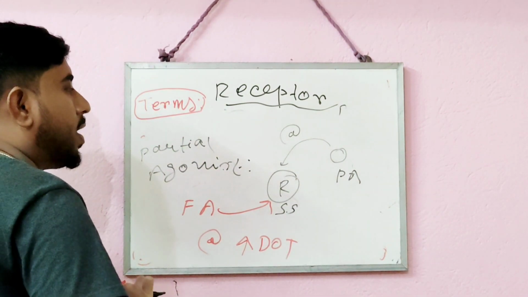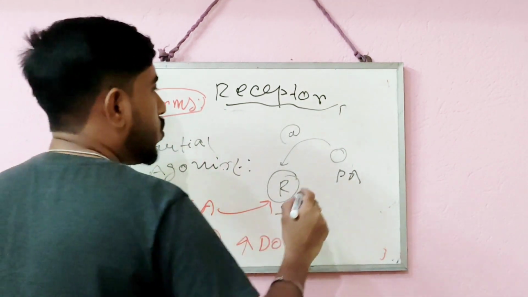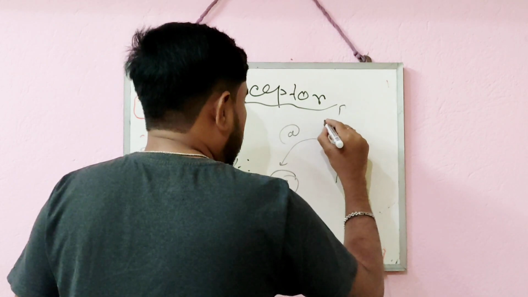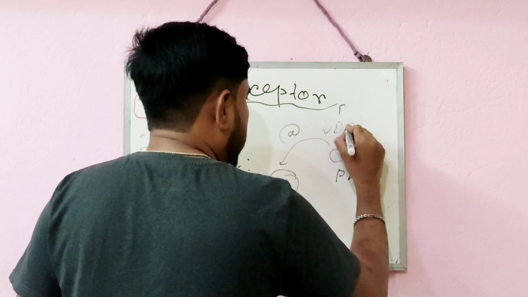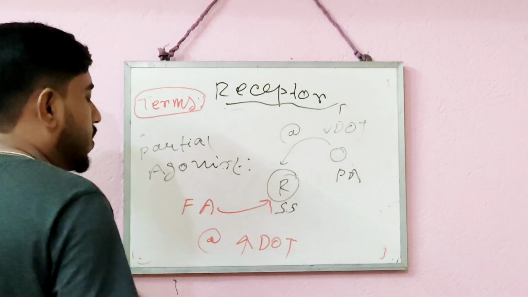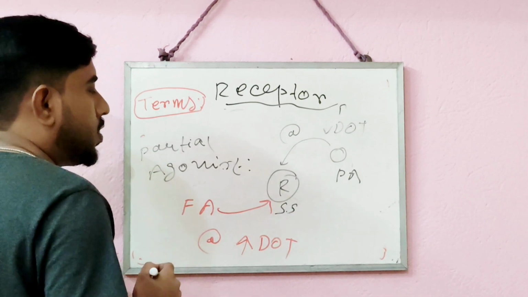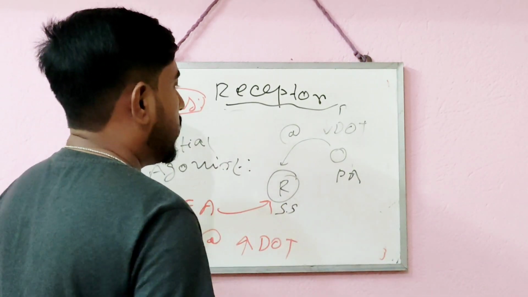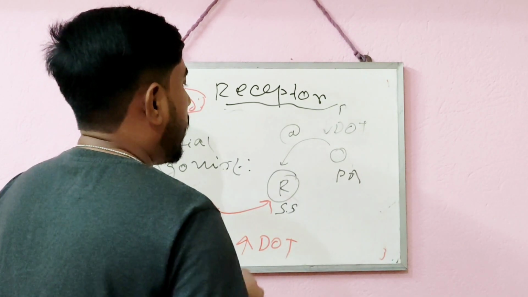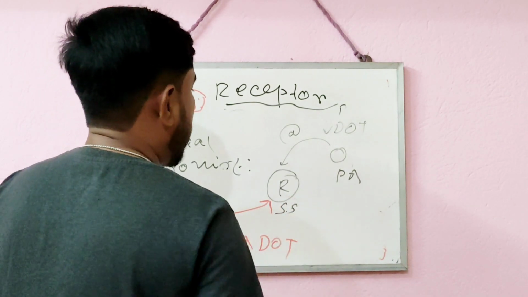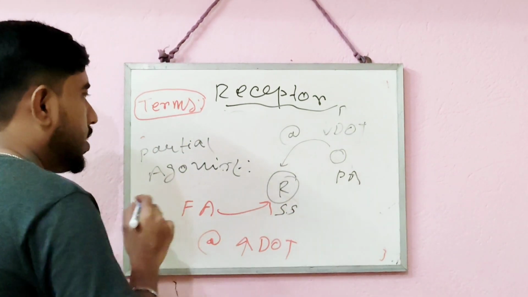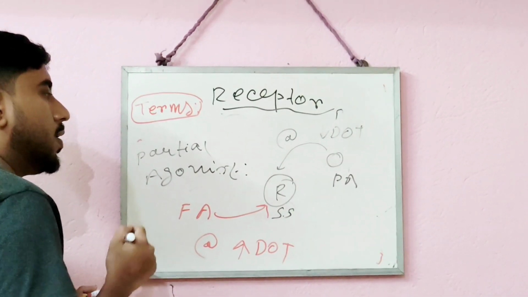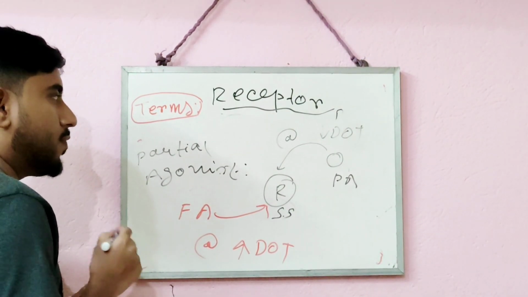But in case of a partial agonist, it is going to show its action for a limited duration of time. So in case of a full agonist, the duration of action is more, and for a partial agonist, the time of receptor action is less. So that is how a partial agonist works.